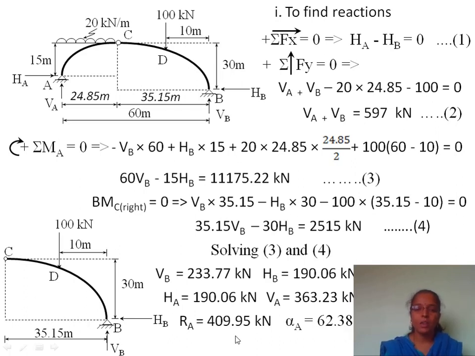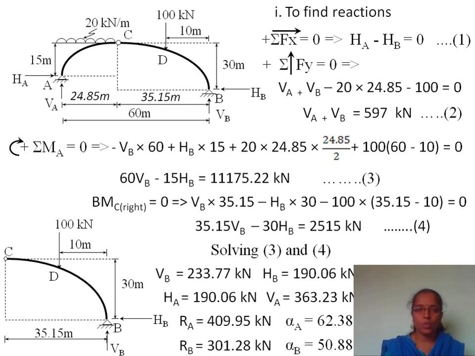Next, RB is equal to root of VB square plus HB square, which is 301.28 kilonewton, and alpha B is tan inverse of VB by HB, that is 233.77 divided by 190.06, which gives an angle of 50.88 degrees. So that is the first part of finding the reactions.